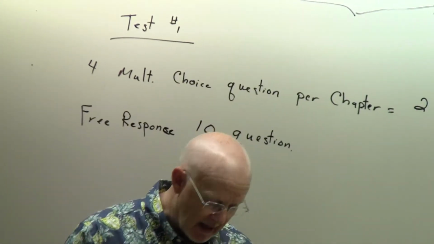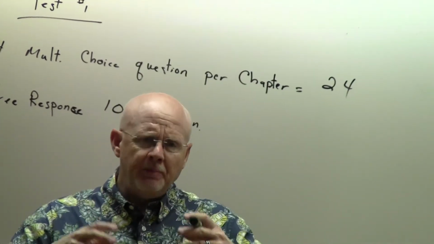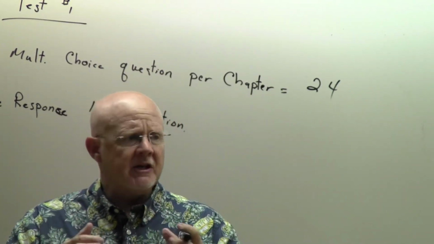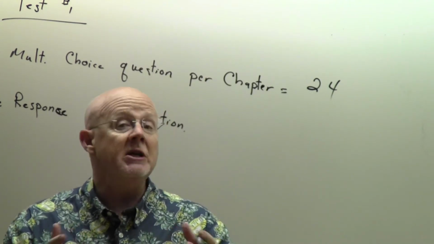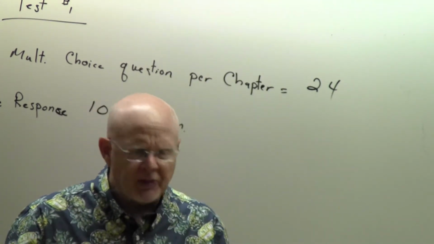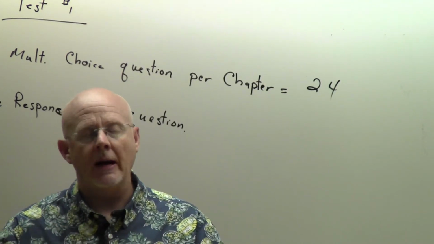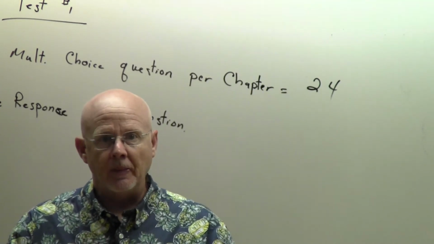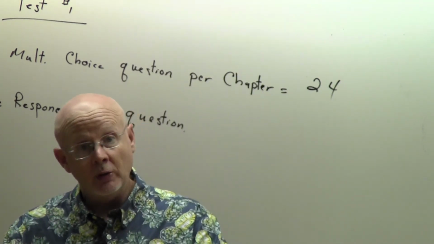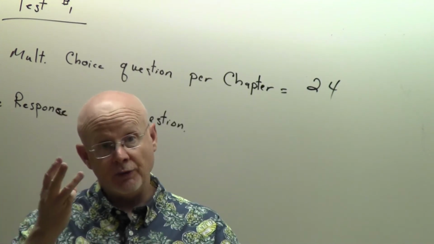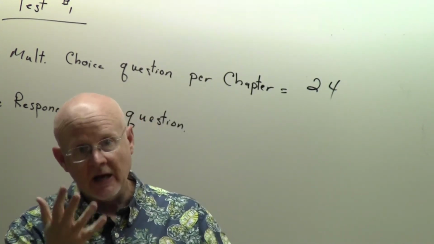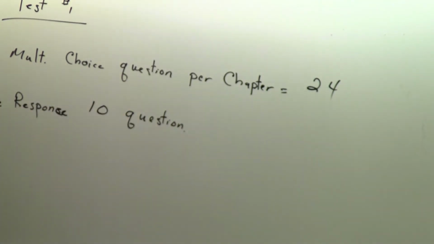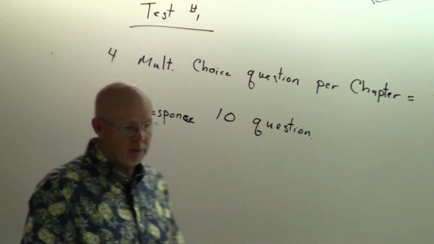It's not that there won't be any of that. Converting units will be inside the multiple choice questions and the free response questions. So you may be given something in centimeters, but you need it in meters. I'm going to demonstrate that, but there won't be a direct question like that. So we'll start off with 2 questions from chapter 2, then 2 from chapter 3, then 2 from chapter 4, then 2 from chapter 5, and then 2 from chapter 6. So there'll be a total of 10 free response questions.